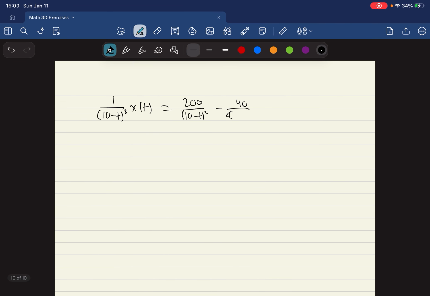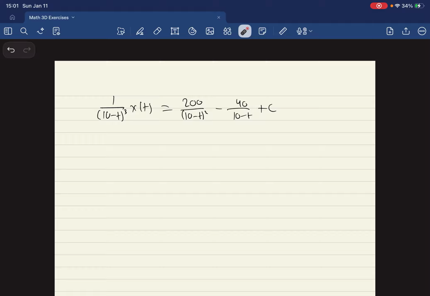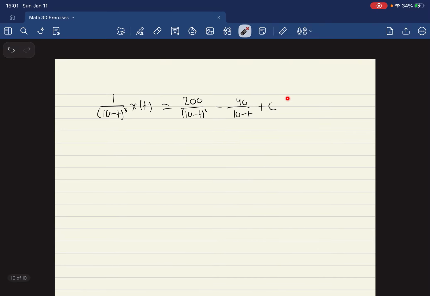Yes, 10 minus t. Plus our constant c. And so, here at this point, we could multiply both sides by 10 minus t cubed to get our final expression for x of t. But I think it's actually wise to use our expression as written to figure out what the constant c is. I think it makes it a bit easier.